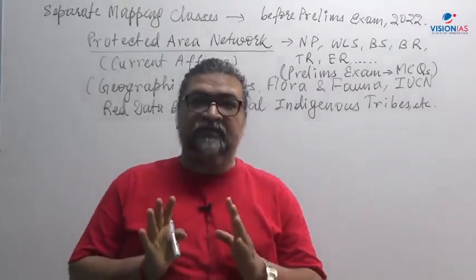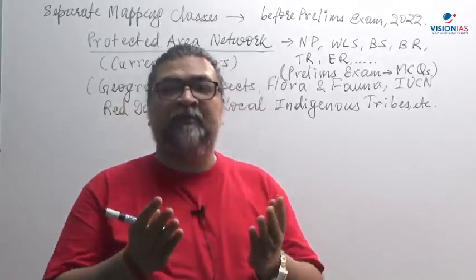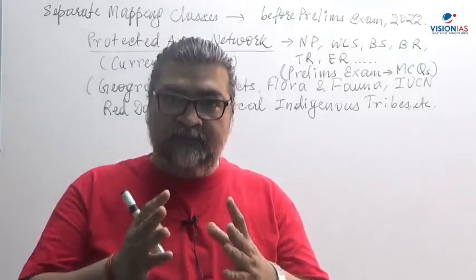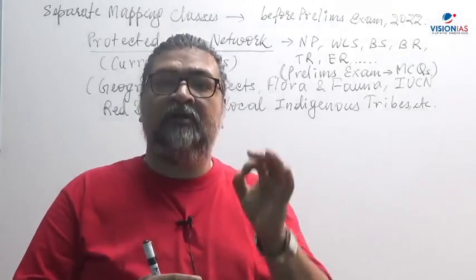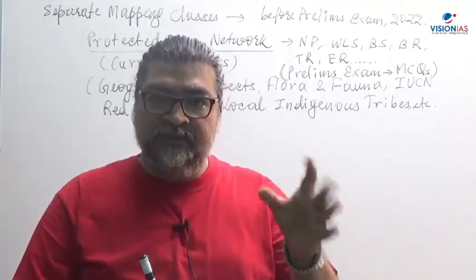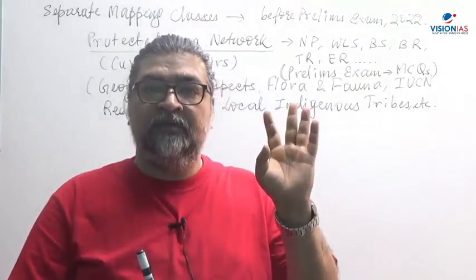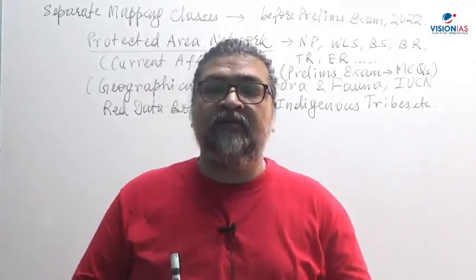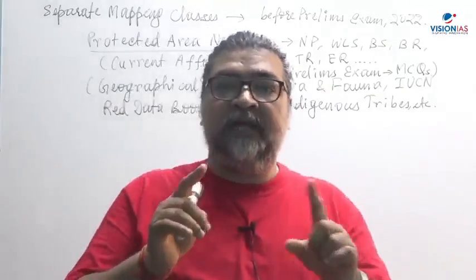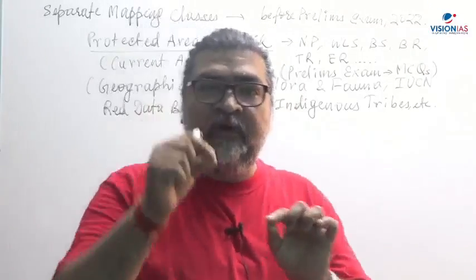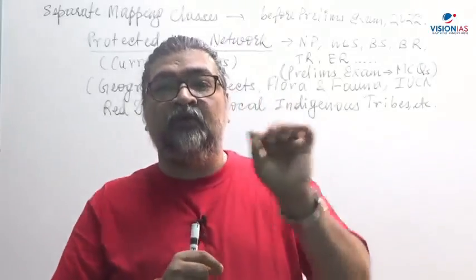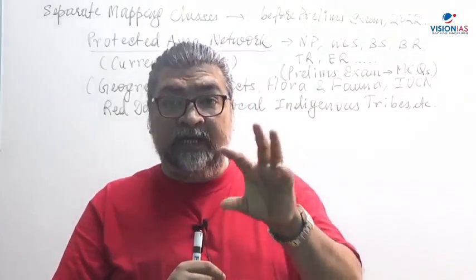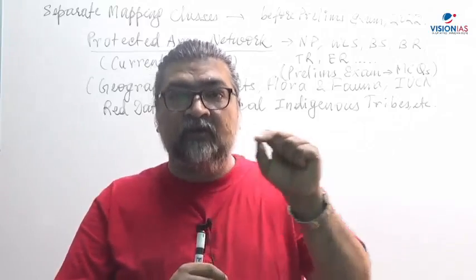What I want you to understand is that whenever you read in the newspaper or current affairs about any national park, wildlife sanctuary, marine sanctuary, bird sanctuary or biosphere reserve, you can mark it on India's outline map and atlas. Put information on it: which state, which location, where it is found, what type of habitat is there, and what animal species are found there. Add all that information.